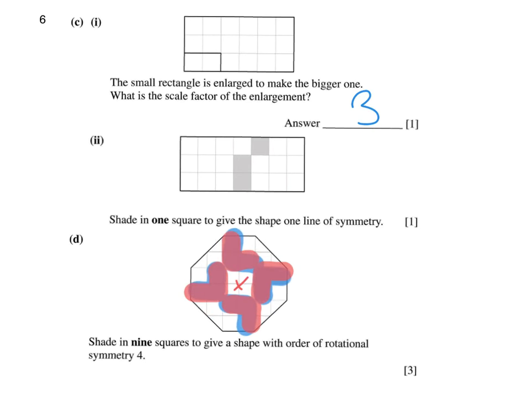Halfway brings me to there, everything lines up. 3 quarters, and finally back to the start. So that was 1, 2, 3, 4 is back to the start. So that is 9 squares shaded in, 3 for each of the extra L shapes, and my shape now has order of rotational symmetry 4.